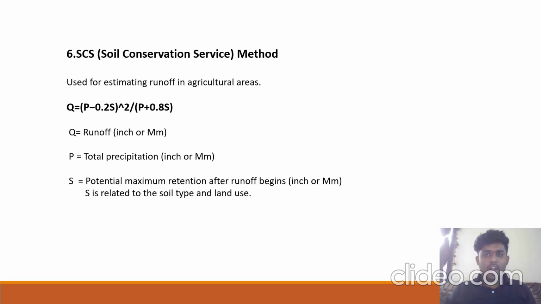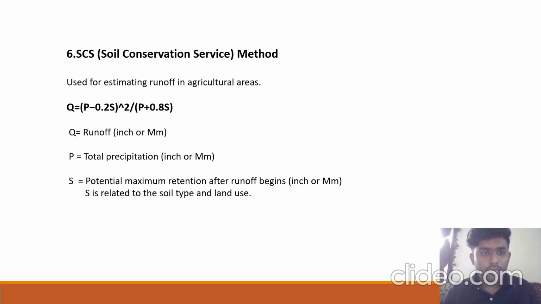Myself, Sarthak Kakar. I am going to explain the empirical formula for floods, which is the SCS, Soil Conservation Service method. This method is used for estimating runoff in agricultural areas.